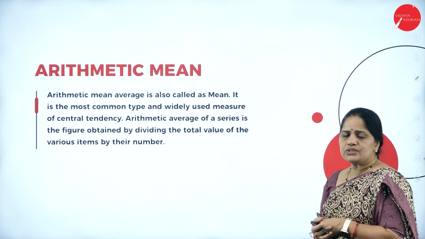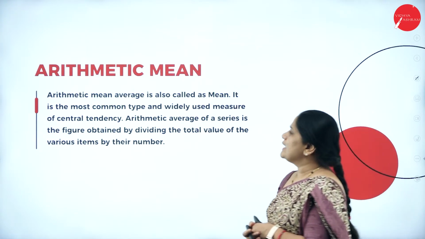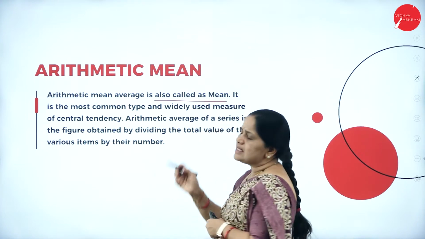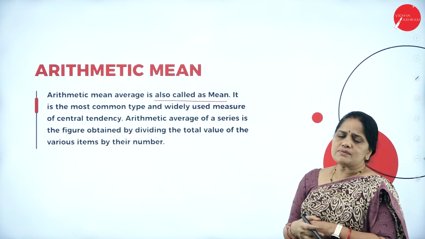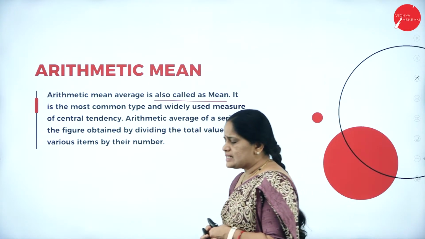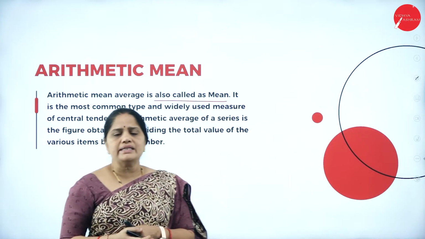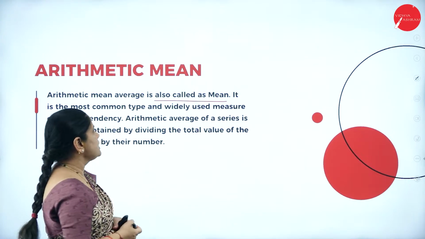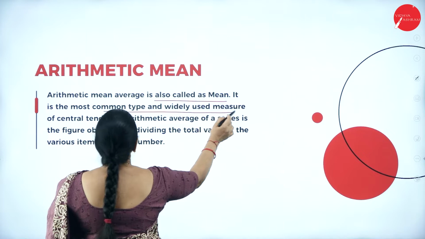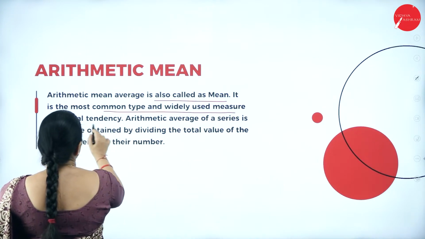Now, what do we mean by arithmetic mean? Arithmetic mean, or average, is also called the mean. In common language we call it the average, but in statistical language it is called the mean. It is the most common and widely used measure of central tendency.